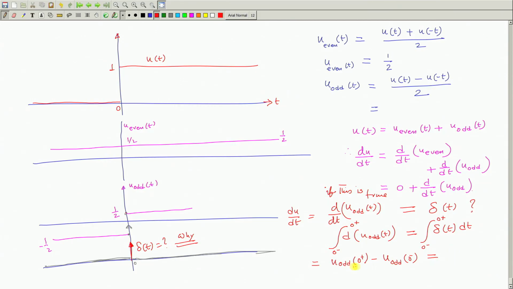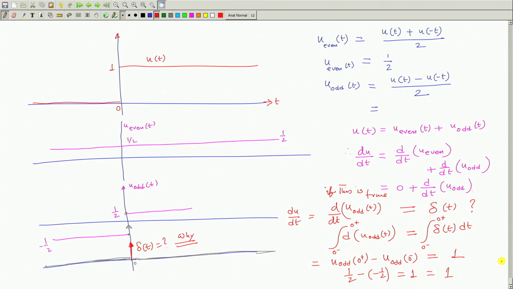What will be this quantity? This side is 1 and this quantity is half for t greater than 0 it is plus half, for t less than 0 minus half, half minus minus half, and this is equal to indeed 1, equal to RHS.